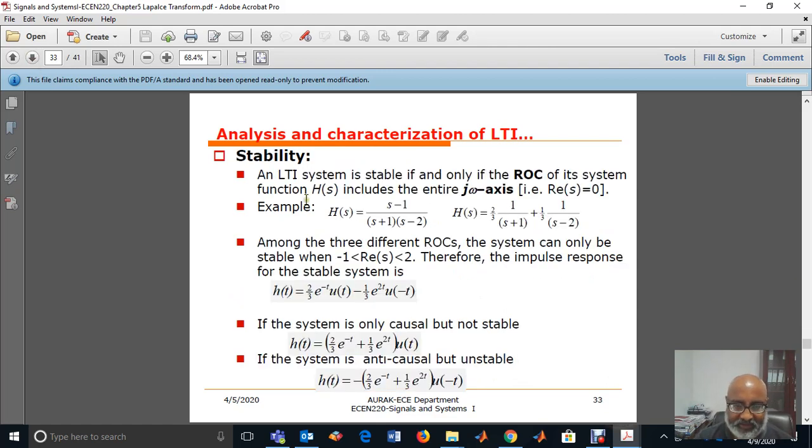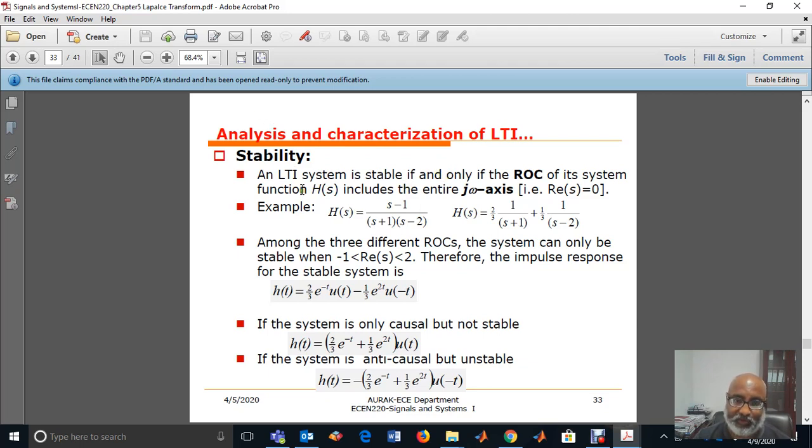Okay, let's study stability. What is a stable system? In chapter 1, we defined a stable system as a system where whenever the input is bounded, that means the absolute value of x of t is less than some value, then the output y of t should be less than a certain value for all time t.